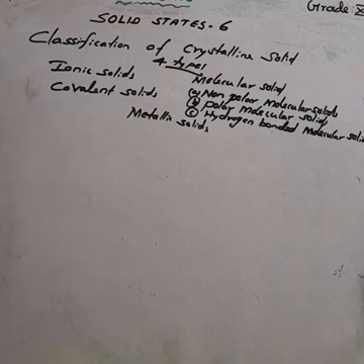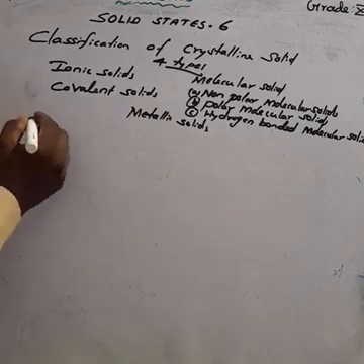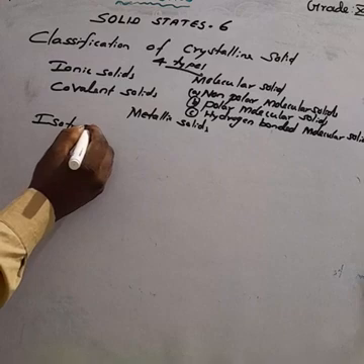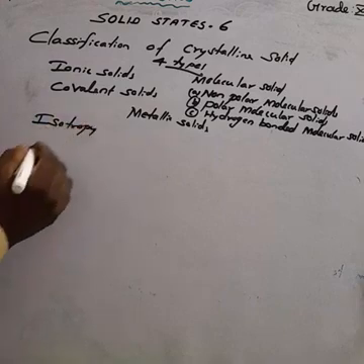Before that, we have to discuss isotropy and anisotropy. What does isotropic mean? Uniformity in all directions.